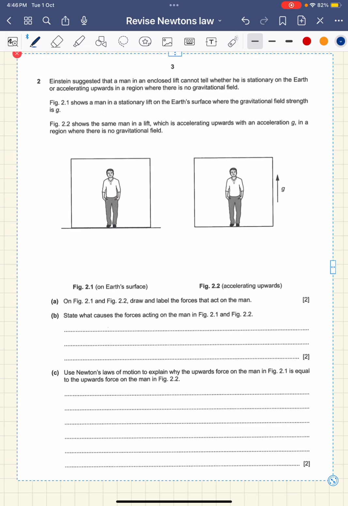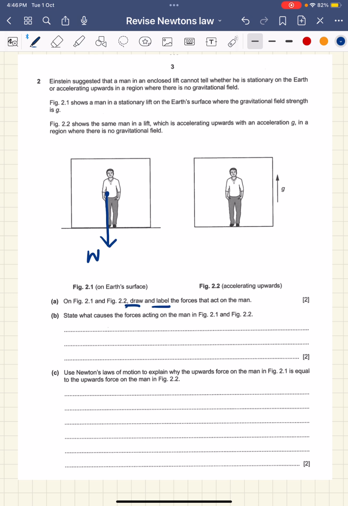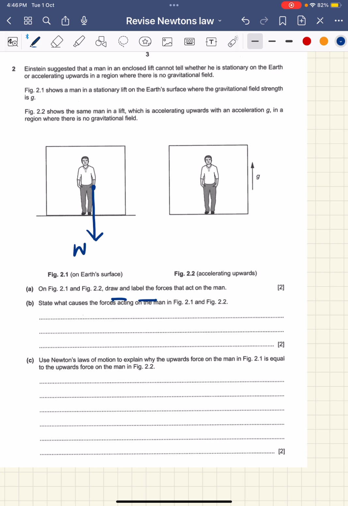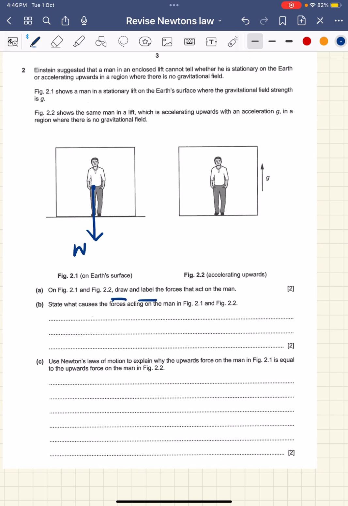You label it as the weight, or you can also label it as gravitational force. Both are okay.